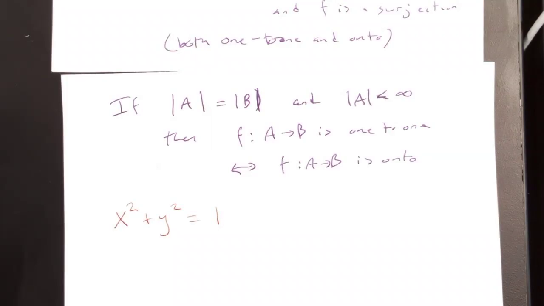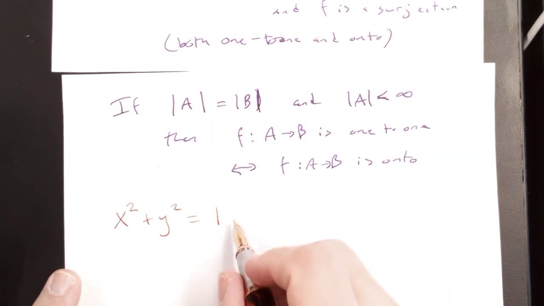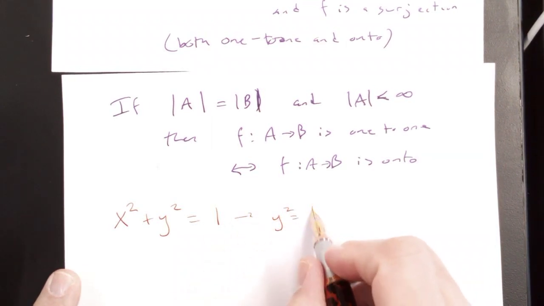If I try and write that y equals, what's the problem? If I want to write this as a function, I should be able to write it y equals. Now I have a rule to tell me what the y value was. Exactly.